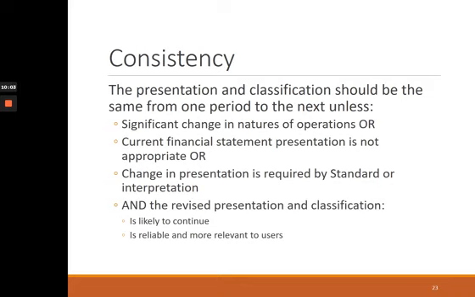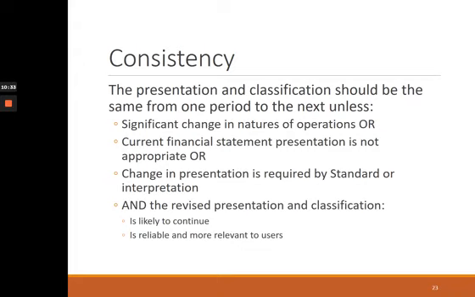Consistency. Our presentation and classification should be the same from one period to the next unless there's been a significant change in our operations or our current financial statement presentation is not appropriate and we want to improve, or there's a change in presentation that is required by a standard or interpretation. So your standards themselves may change and therefore you may need to have a change in your presentation.